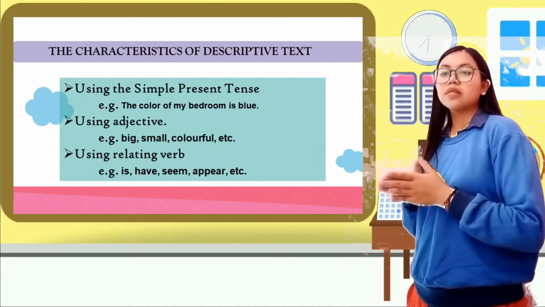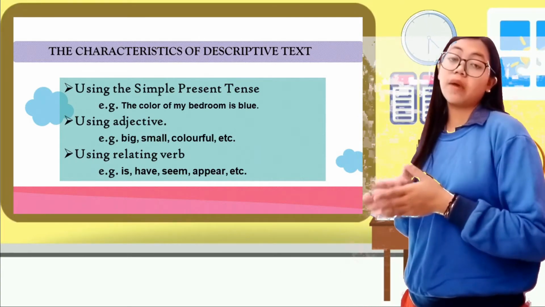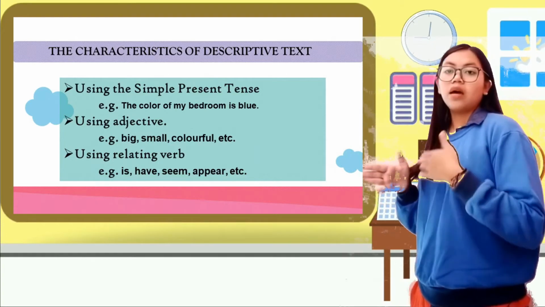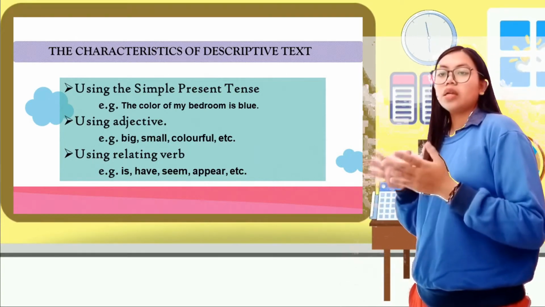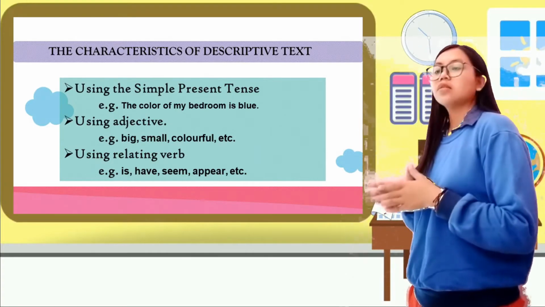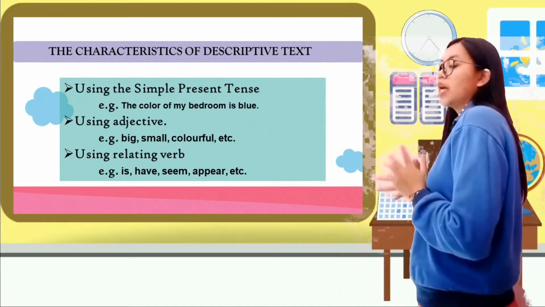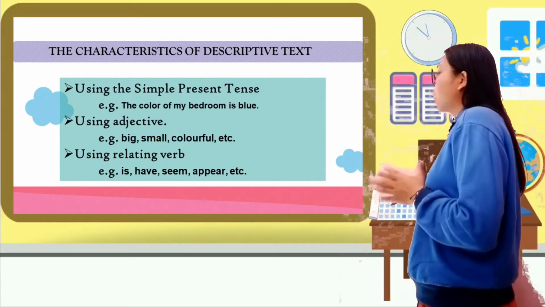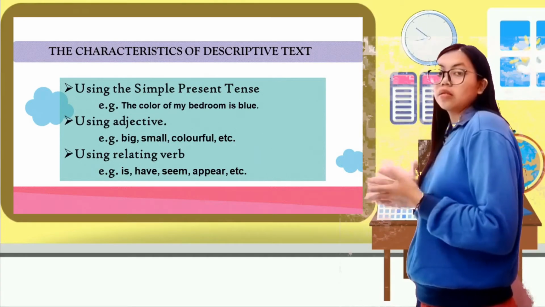Well, because the function of descriptive text is to provide information by describing an object that is described. So in descriptive text, there will be many adjectives. For example, big, small, colorful, and many other words.